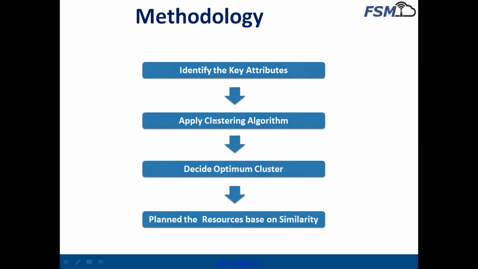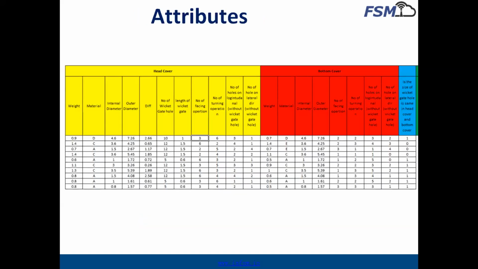So first identify the key attributes, then apply the clustering algorithm to identify the similarity of the products, then decide the optimum clusters, and based on which group that particular product lies in, we are going to plan the process hours. So these are my attributes for the head cover.